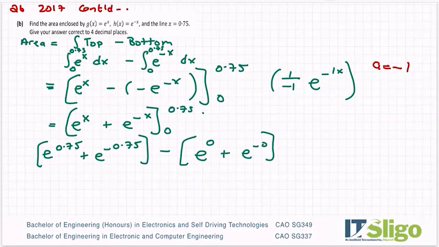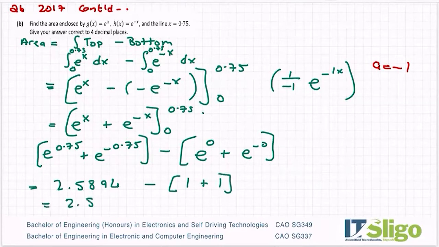Okay, so let's put them into our calculator. So e to the 0.75 plus e to the minus 0.75. I am getting 2.5894 for that, minus e to the power of 0. Well, anything to the power of 0 is 1, so I'm getting 2.5894 minus that 2. So I'm getting 0.5894.